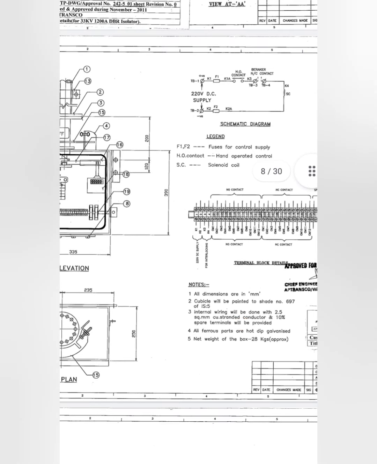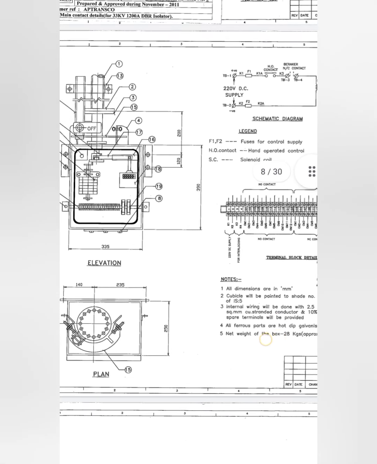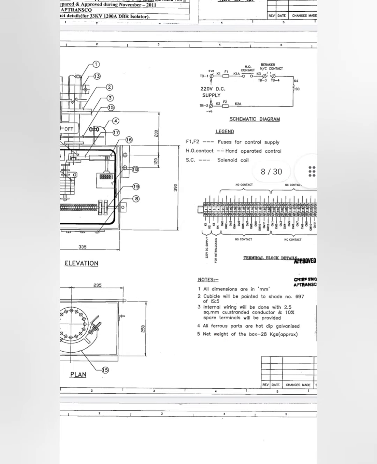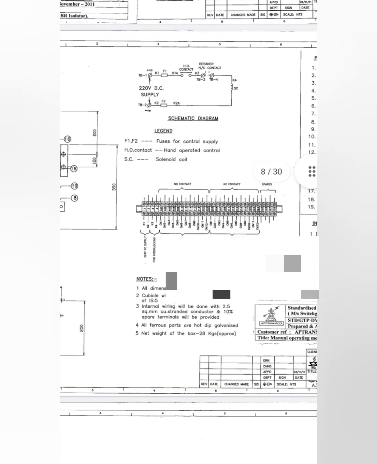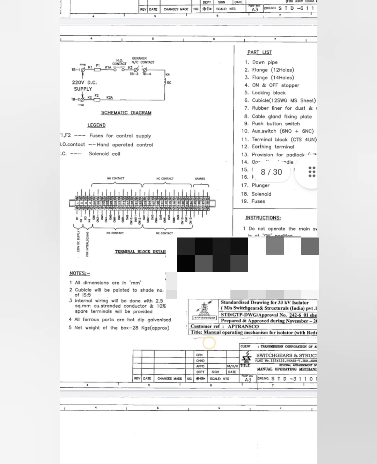Then this is your schematic or control diagram of the isolator and earth switch. Here there is no remote operation or local operation. So it is a manual or hand operated isolator and earth switch.